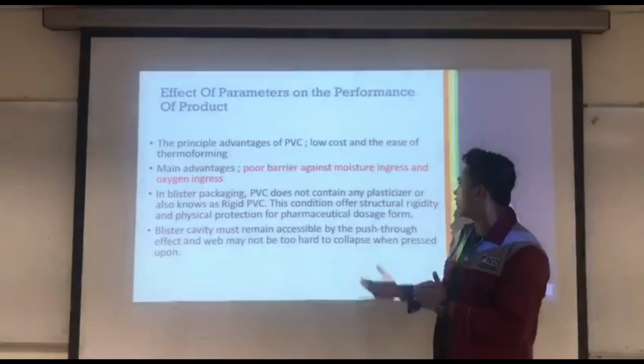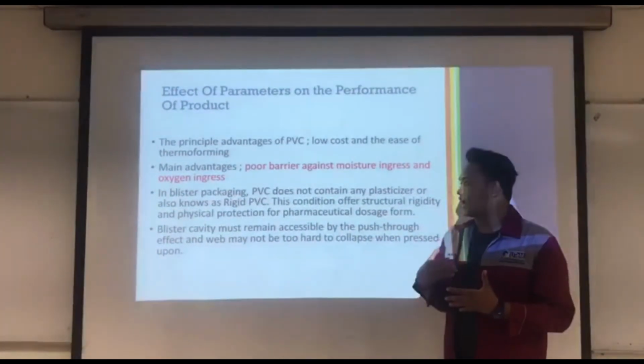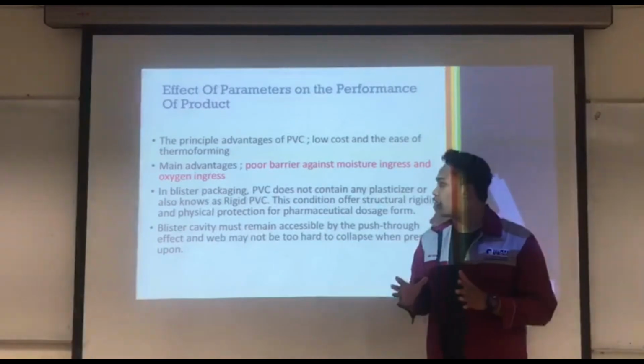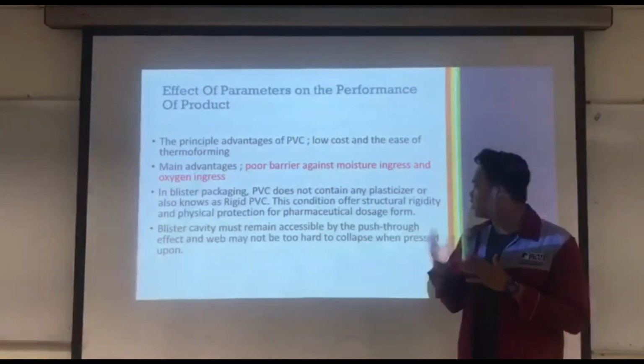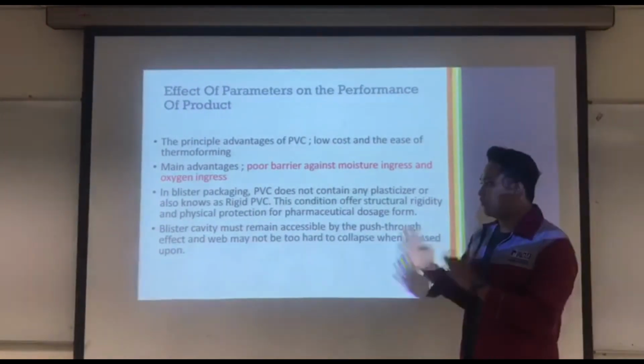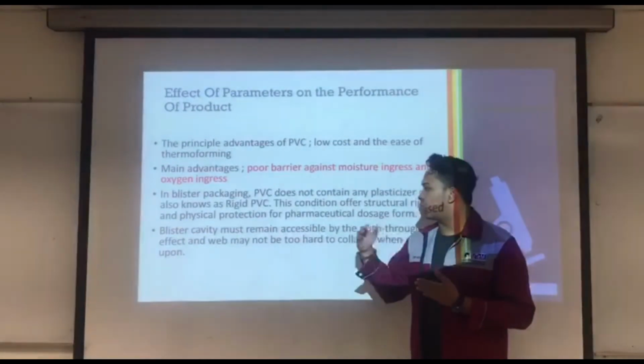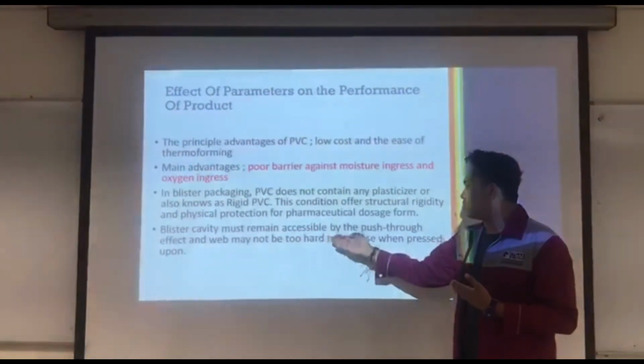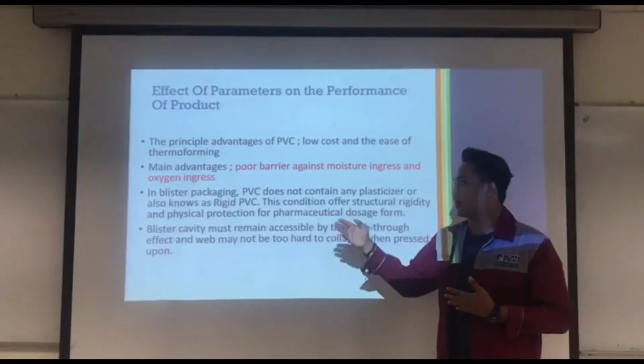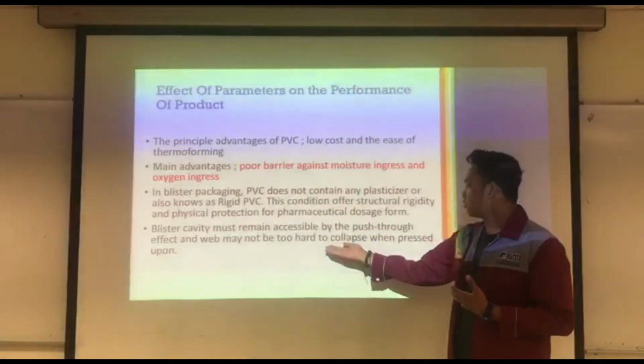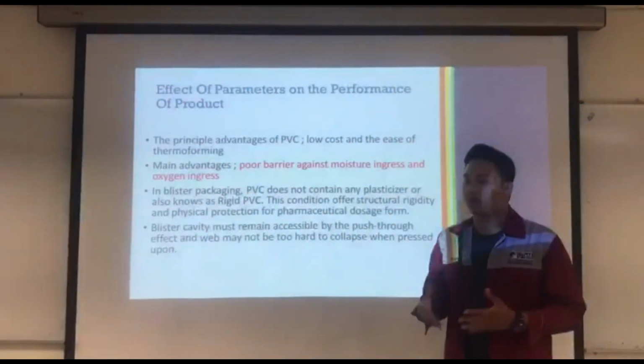This condition offers structural rigidity and physical protection for pharmaceutical dosage form. The fourth, the blister cavity must remain accessible by the push-through effect, and the web may not be too hard to collapse when pressed upon.